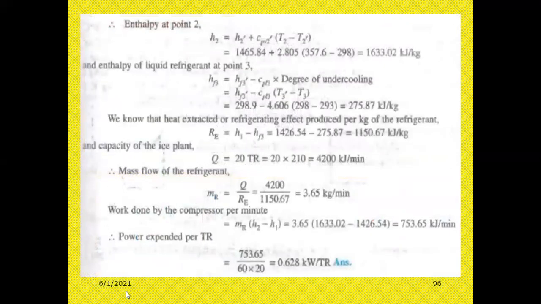Now the enthalpy at point 2 is H2 equal to H2 dash plus CPV2 into T2 minus T2 dash. So applying directly, 146.84 plus CPV2 into T2 minus T2 dash, that is equal to 60.